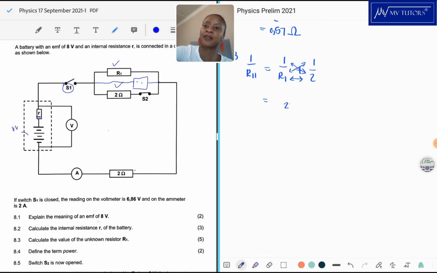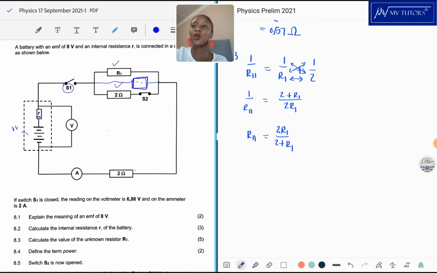So you're going to have 2R1 at the denominator, and then 2 times 1, that's 2, and 1 times R1, that is R1. That is still 1 over the resistors in parallel. So to get the resistors in parallel, we just flip it. So you have 2R1 over 2 plus R1. So that is our resistance over there.